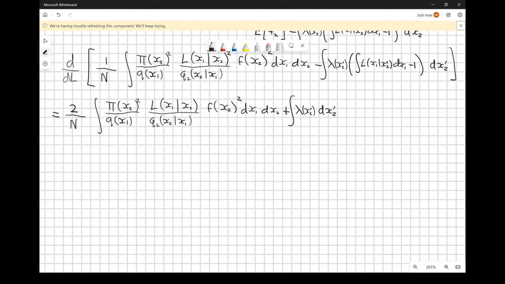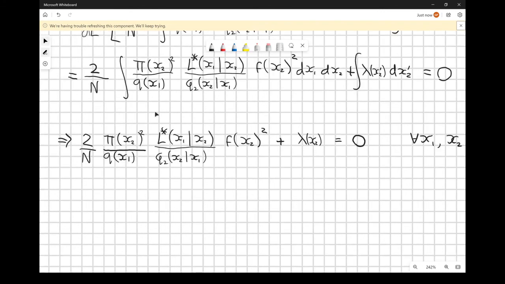And now just to finish this off, if we say that we're going to set all of this stuff equal to 0, then it means that we're looking for the optimal L-kernel. So I'm going to put a star here so that we note that L star is our optimal L-kernel, as opposed to the generic L-kernel that we see here.